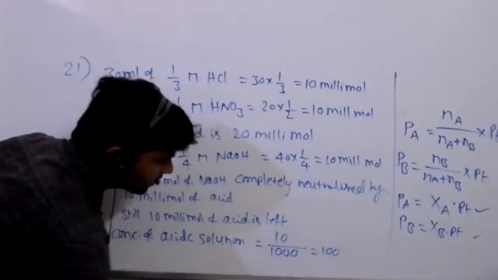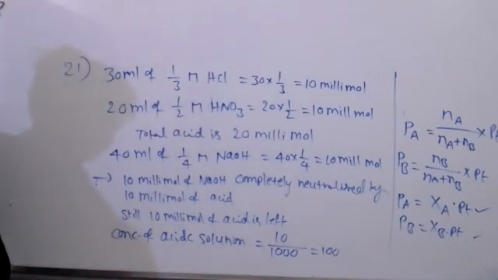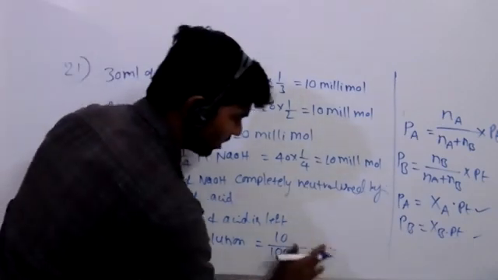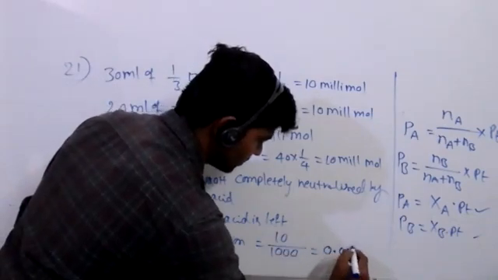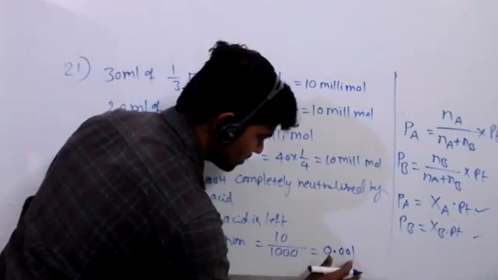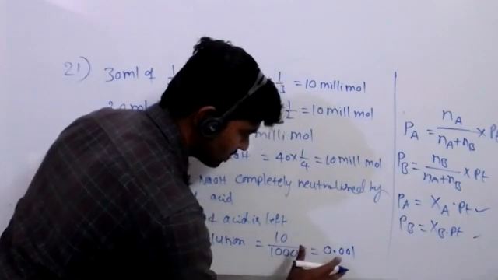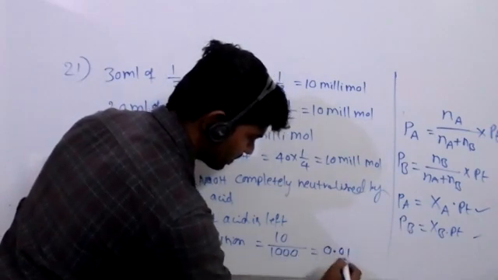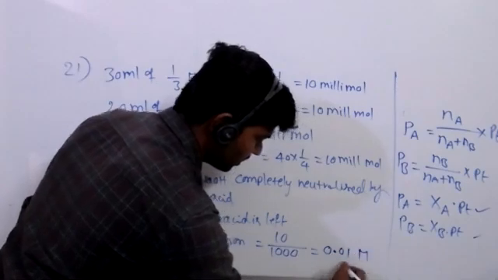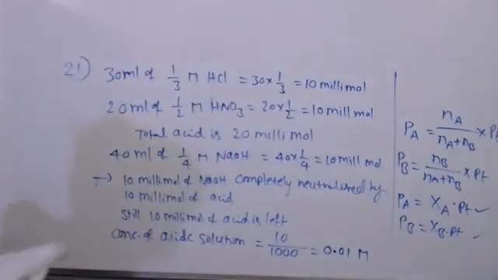So it is 0.01 M. This is the H plus concentration. Then the pH becomes 2.